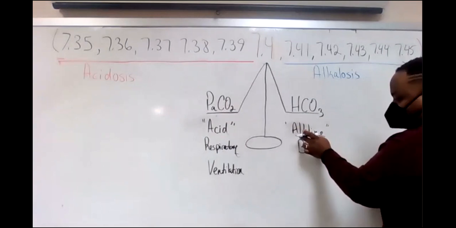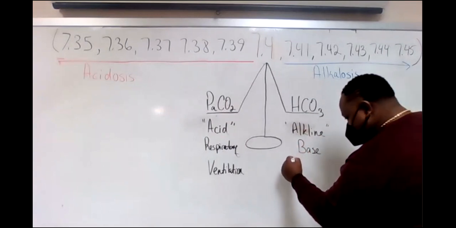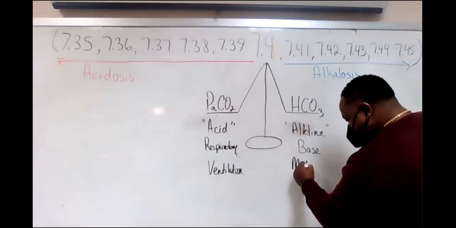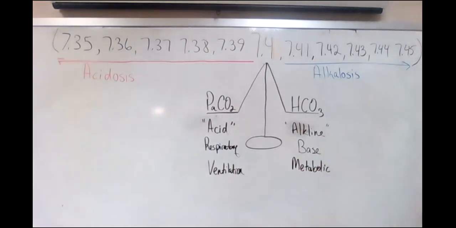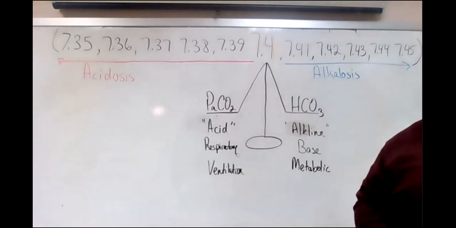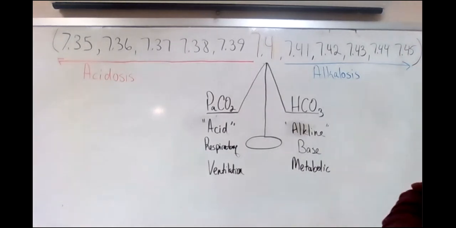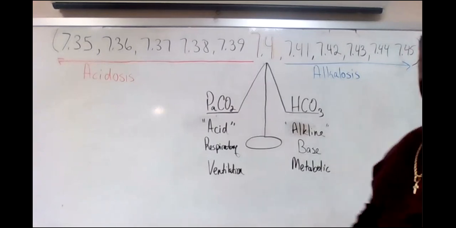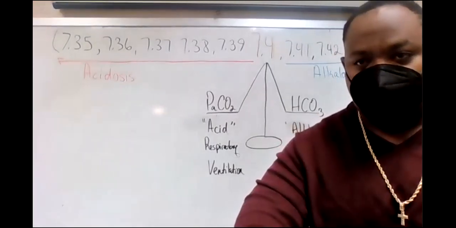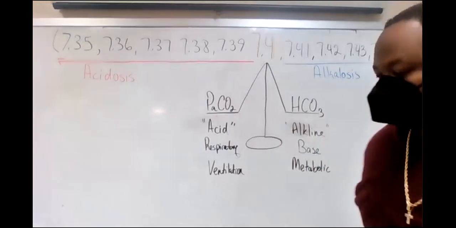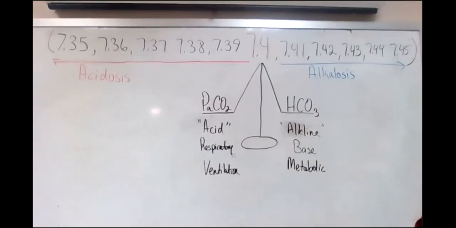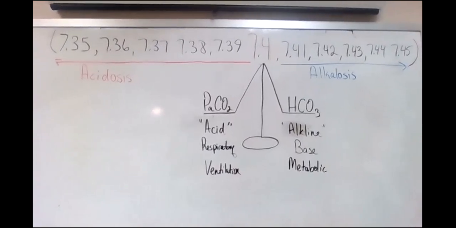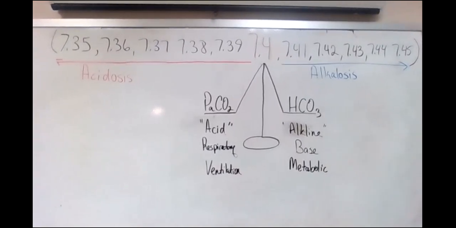Bicarb is alkaline, base, metabolic. See that? That's why I told you those AKAs a long time ago. Told you to study them and learn them because you're going to be using them when you get to ABGs. So if you know somebody who's not here, you need to call them because this is very important.